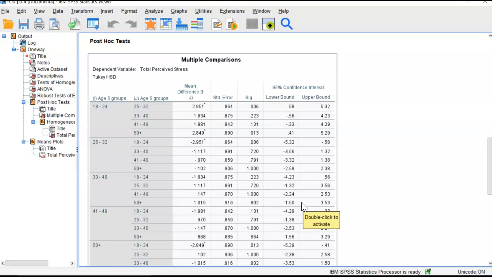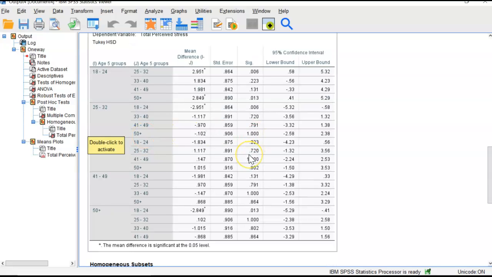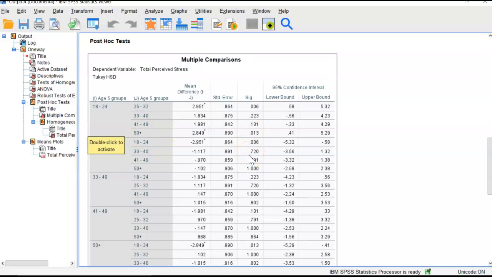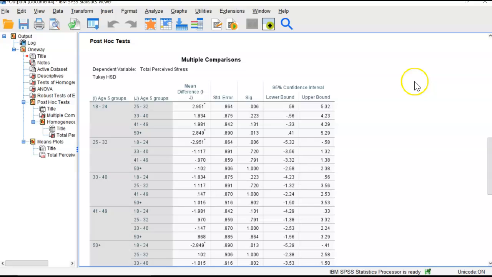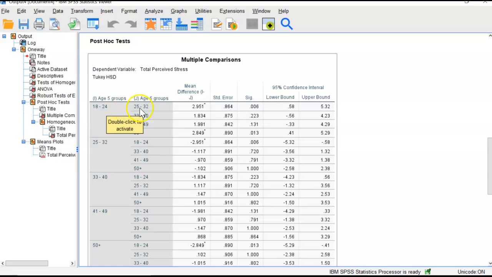In your text, that's listed as multiple comparisons. So if you look at this, it's a really busy table with lots of numbers in it, but once you get your head around it, what you're testing is, this is the young group, and it's going to ask, is there a mean difference between 18 to 24 and the group of people who are 25 to 32? This is the mean difference, the significance value.